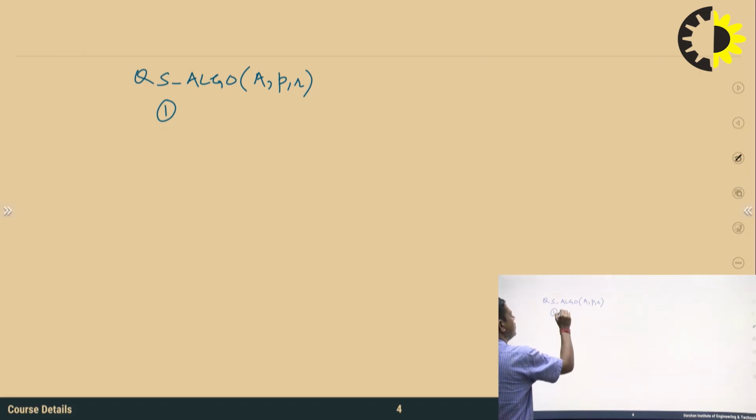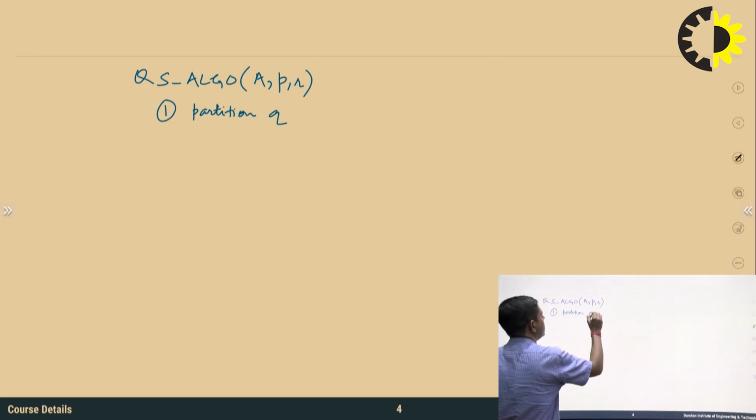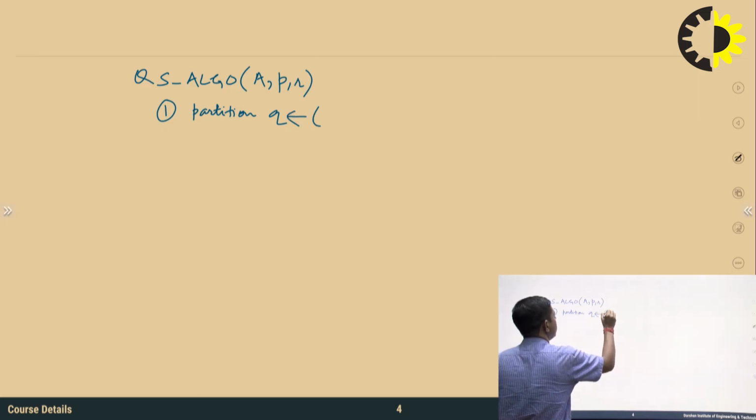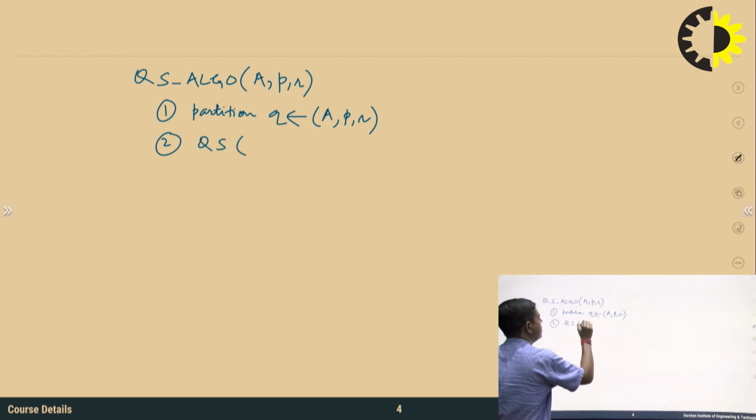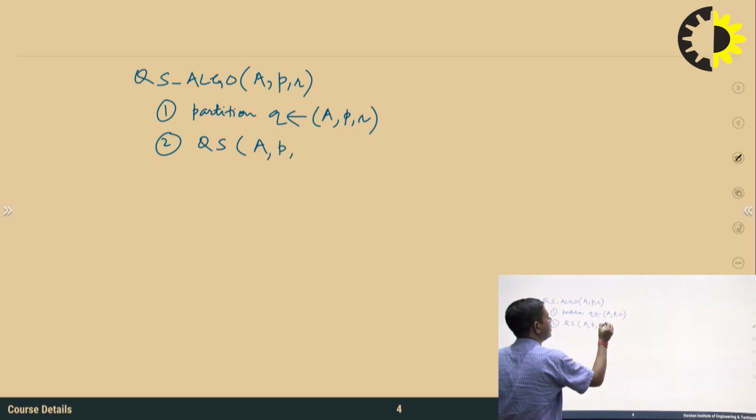First of all, we are doing the partition, for example, Q equals partition of A, P and R. And after the partition, we will apply quick sort on A, P to Q minus 1.